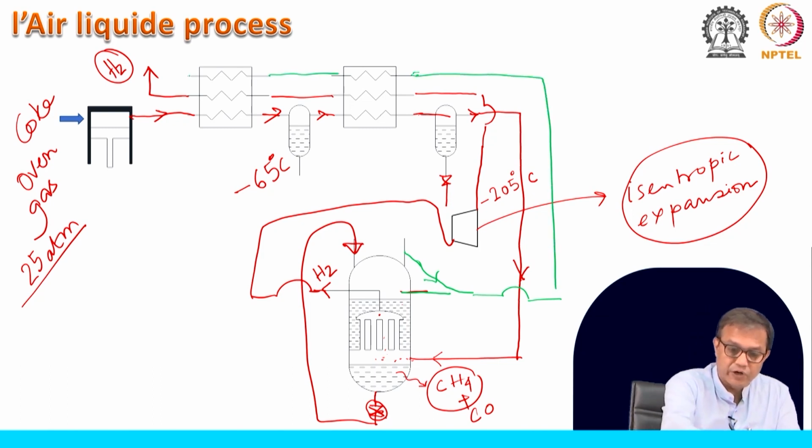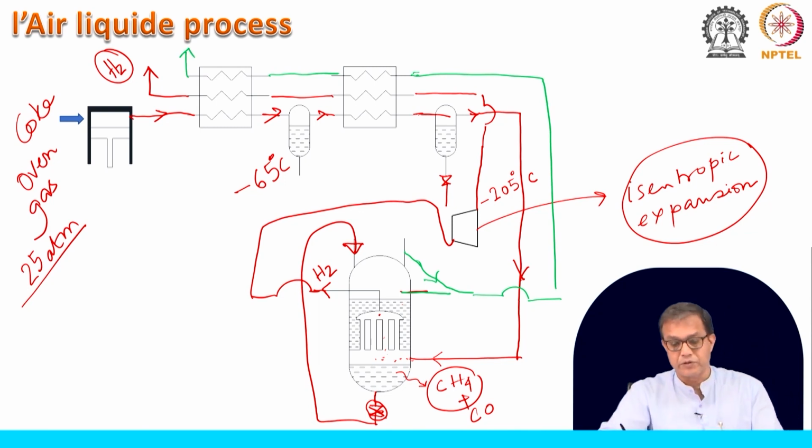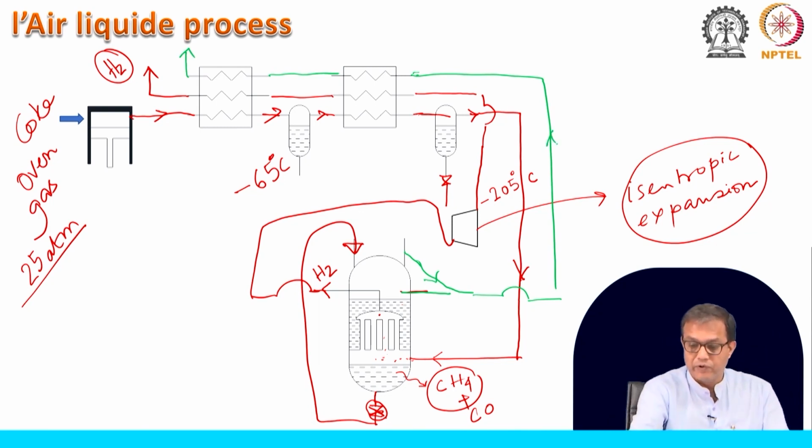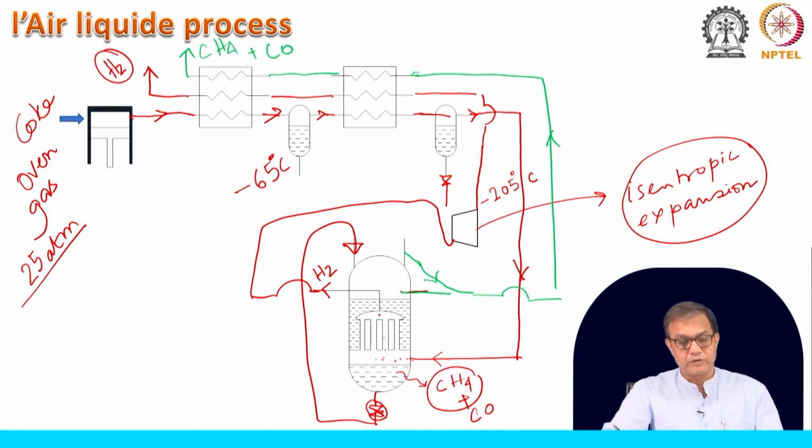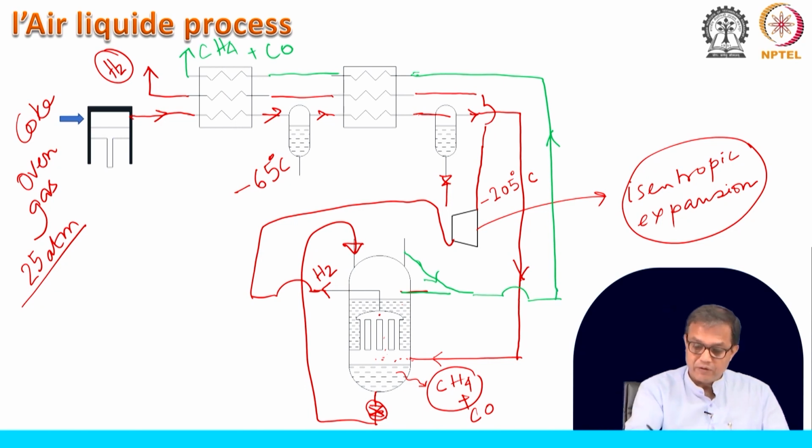So, before it is in cold condition, that cold will be retrieved before it goes back. Since it is a methane and CO mixture, it can always be used as fuel.